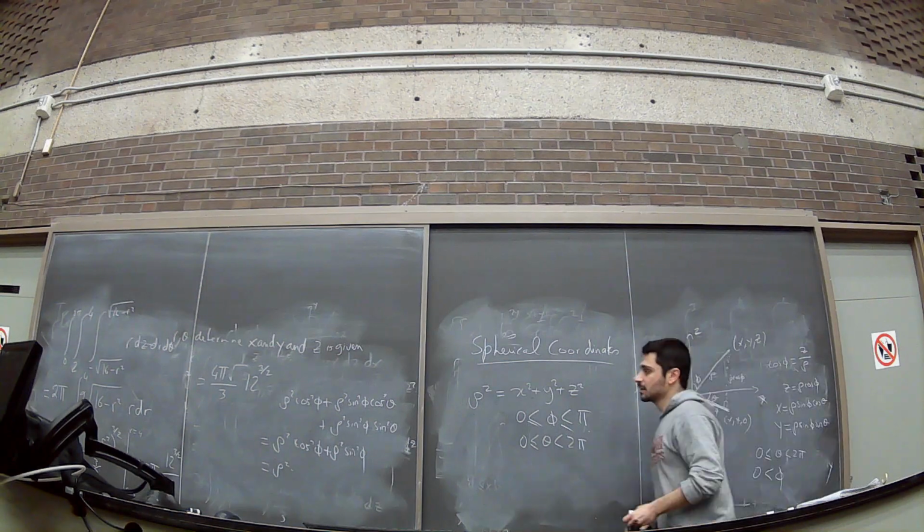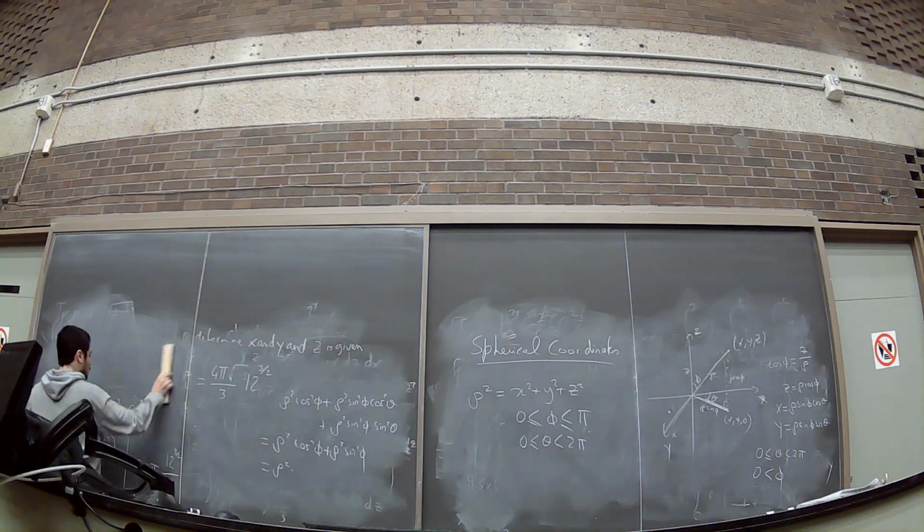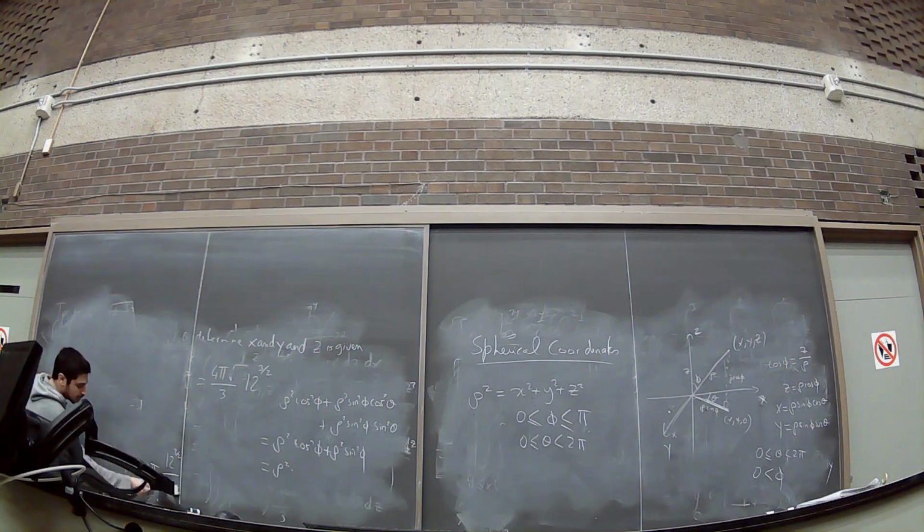Now, what's the equation of a sphere? The whole point of this is that a sphere becomes a rectangle in these coordinates. The sphere x squared plus y squared plus z squared equals 1. What is the equation of that sphere in rho, phi and theta?